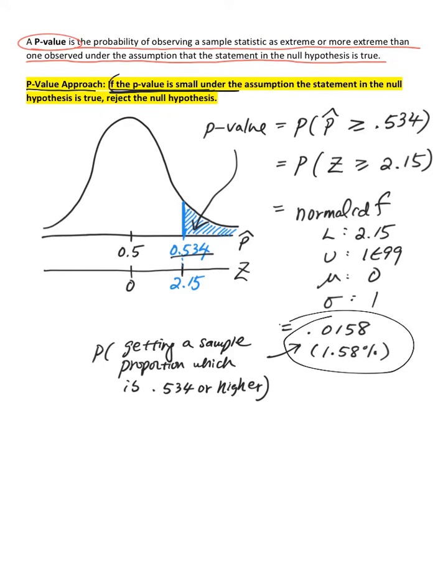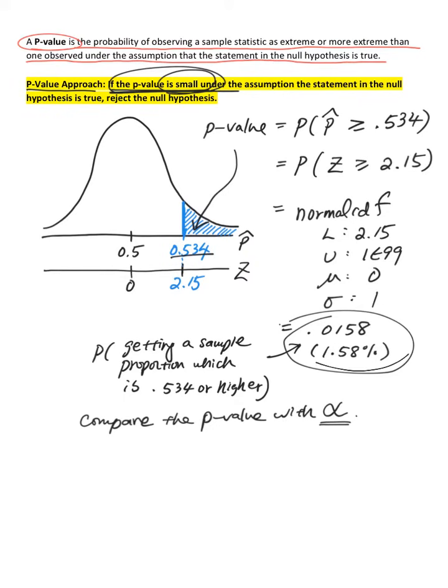Now what is considered small? What we're going to do is compare the p-value with the level of significance, which is alpha. If the p-value is less than the level of significance, then we consider that p-value too small, and we're going to reject the null hypothesis.